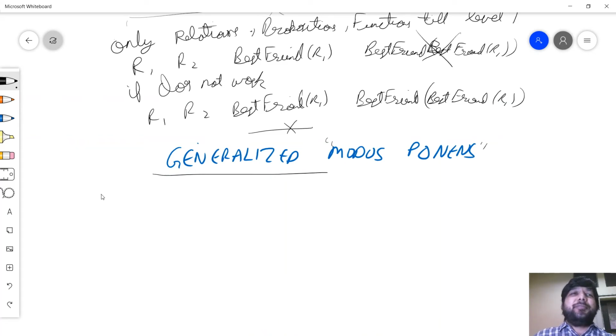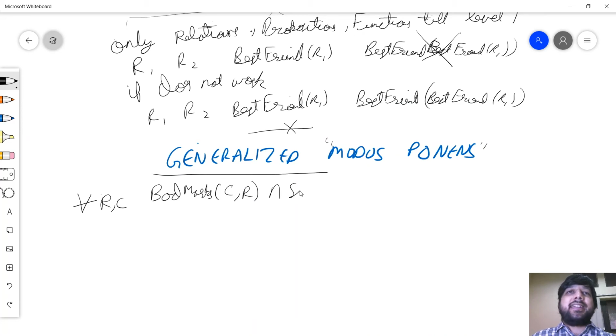I have a rule in first order logic: for all R, C, bad marks(R, C), studies(R, C), student(R) and goals(C) implies honest(R, C). I think I wrote it the other way around.